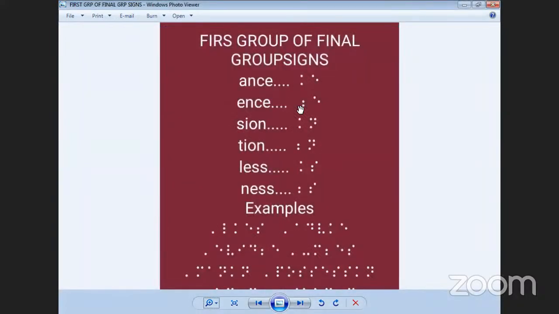All right, so we are looking at the first group of final group signs. Under this category, we are going to look at ance, ence, S-I-O-N, T-I-O-N, less, and ness.